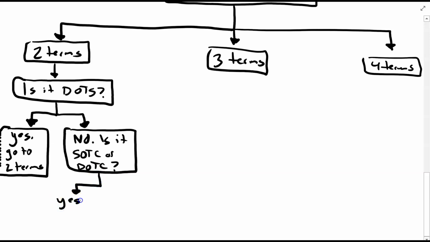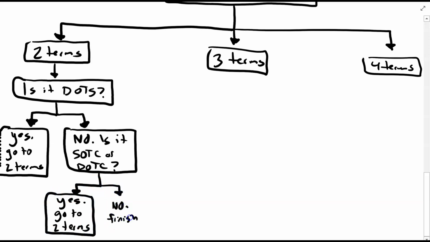If the answer was yes, we had to go back through that two-term branch again to see if there was more factoring. If the answer was no, we finished. That completes the two-term branch.